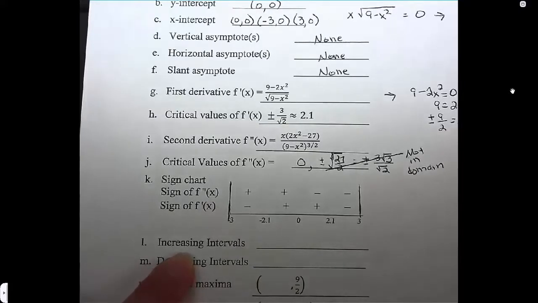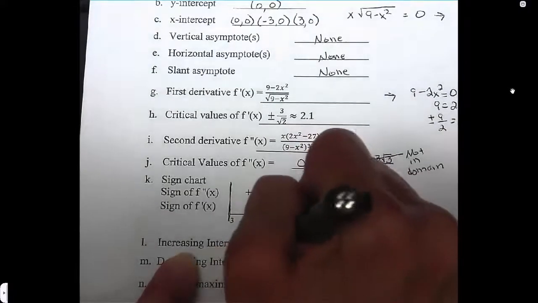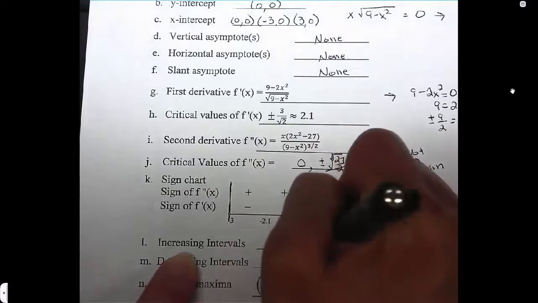-2.1 to 2.1. Can I say that as a single interval, or do I need to break it at 0? Can you say it's one? Yeah, because I don't have a vertical asymptote or any discontinuity between the -2.1 and the +2.1. So I can go ahead and write that as a single increasing interval.